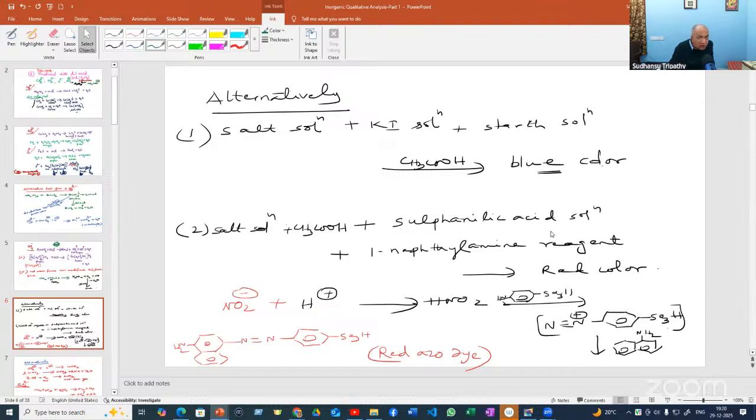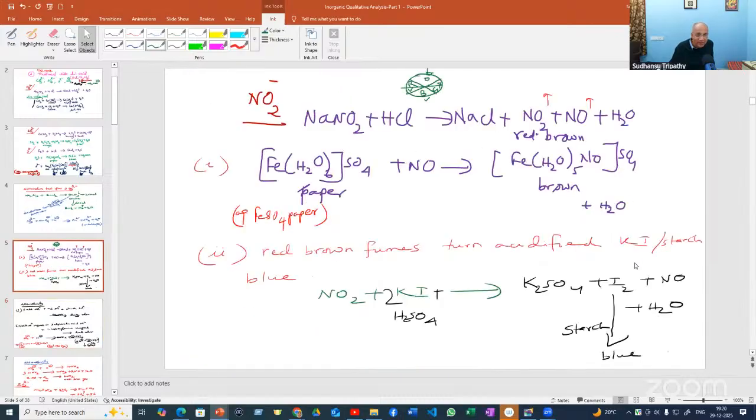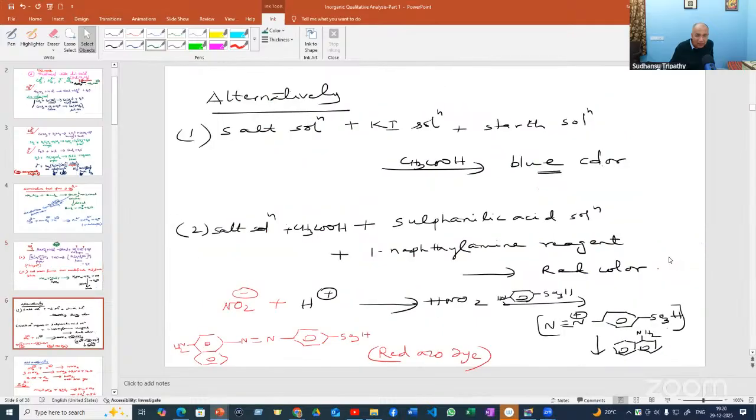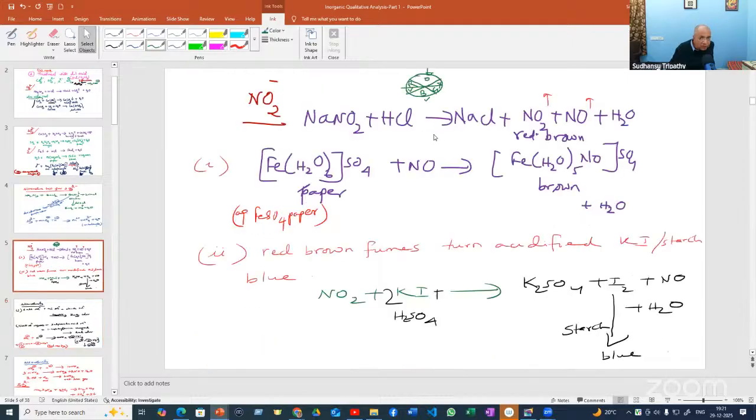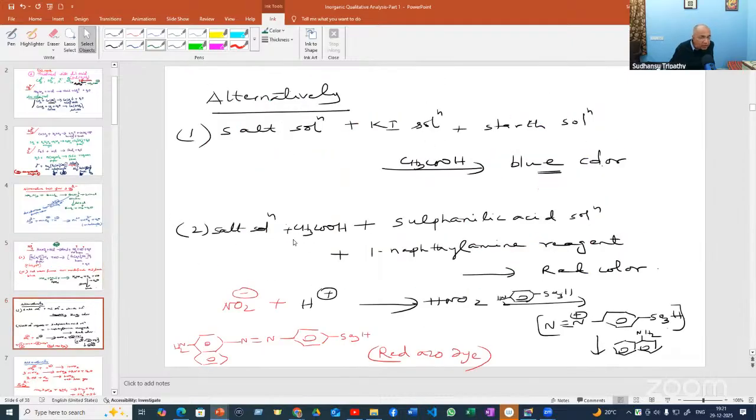The other one is very interesting. The same nitrite, you have to detect nitrite. What you do, you take salt solution, this time a bit of acetic acid, and you add sulfanilic acid. Sulfanilic acid is nothing but para-amino benzene sulfonic acid.